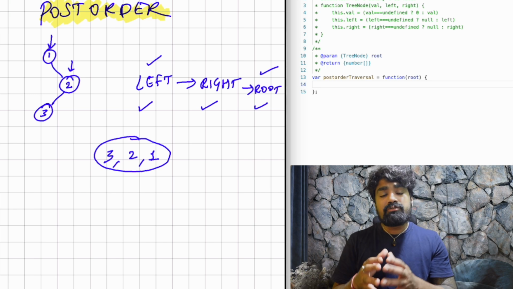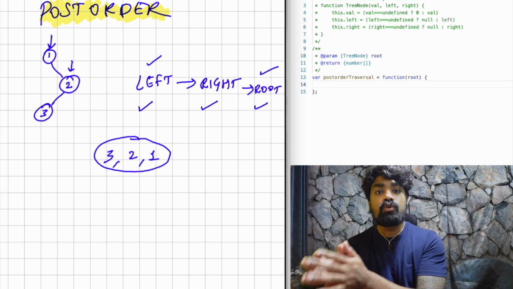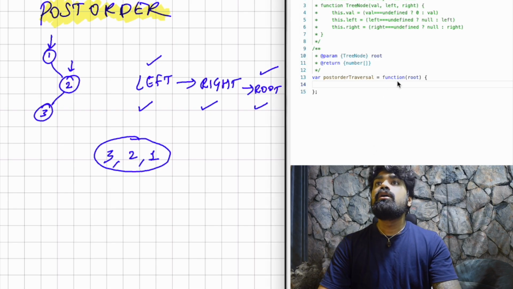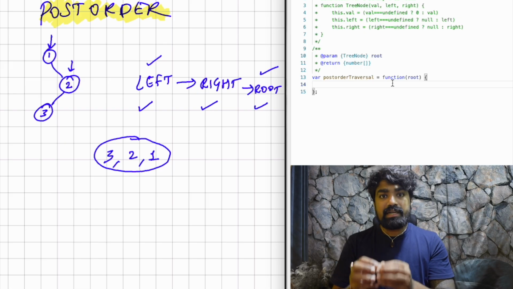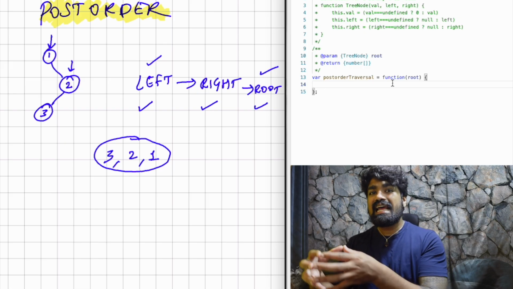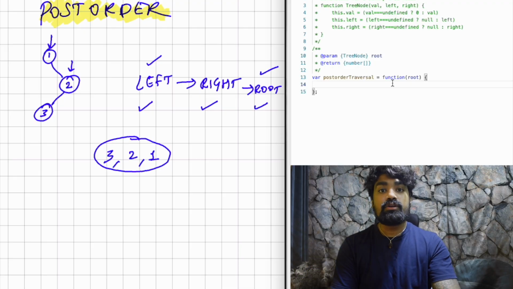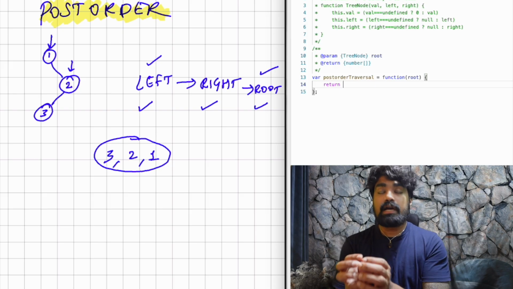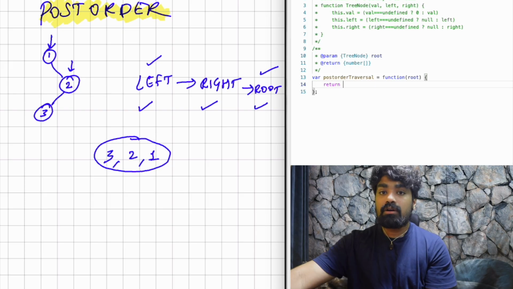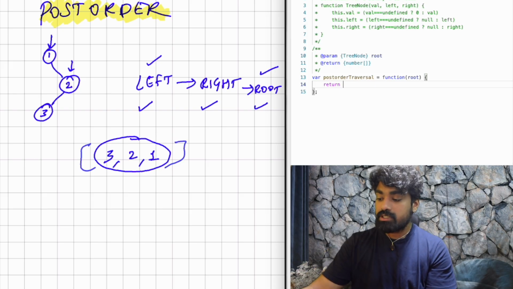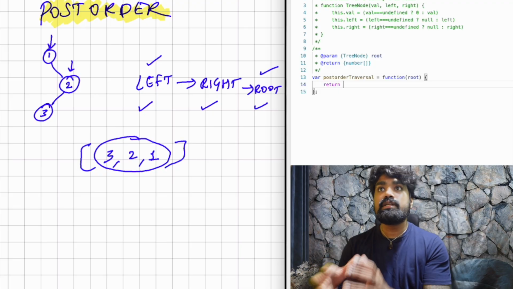Now let's convert whatever we covered so far into code in JavaScript. We said the order is strictly going to be left, right, and then the root node itself. To do that, we will return as outcome an array from a function which is going to maintain the sequence of this traversal.